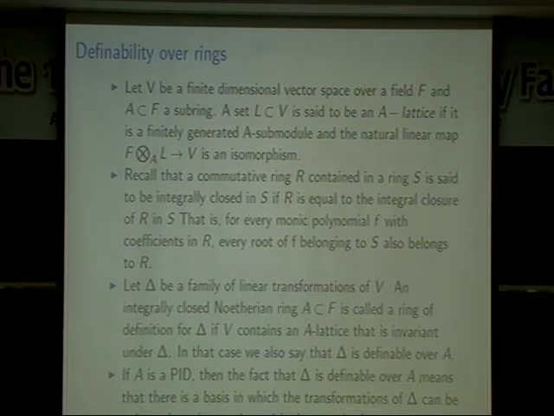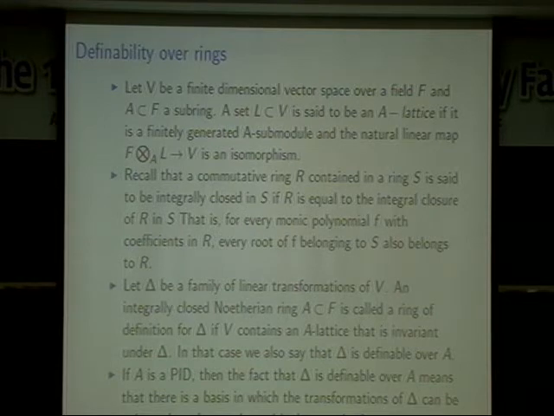I would like to introduce the notion of definability over rings. First of all, let V be a finite dimensional vector space over a field F, and A a subring. A set L of V is said to be an A lattice if it is a finitely generated A submodule, and the natural linear map from the tensor product F ⊗ L to V is an isomorphism.